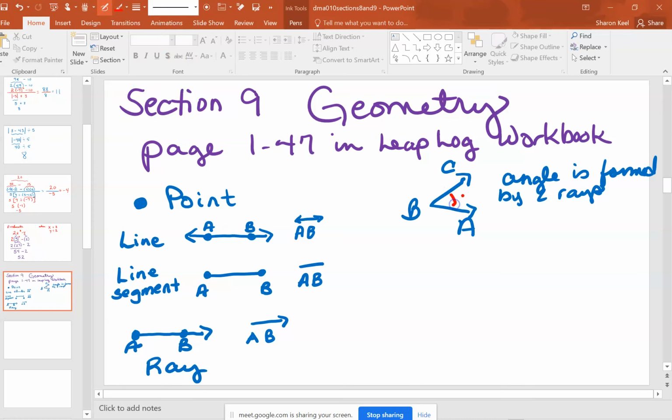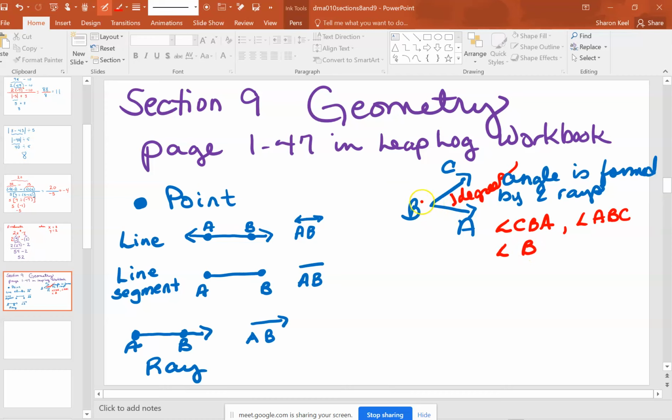So the measurement from here to here would be in degrees. The way that we would write this angle would be either angle CBA or angle ABC, or we could call it simply angle B.